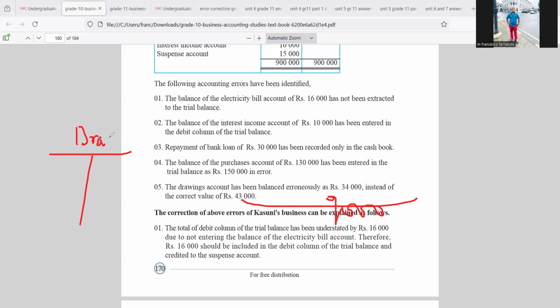Drawings normally has a debit balance. So what you can do is credit drawings account by 9,000 and debit where? Suspense account.